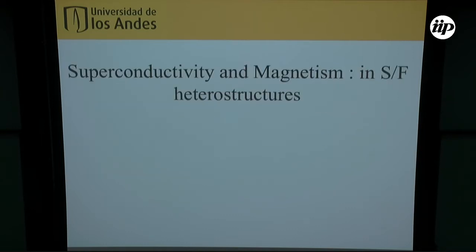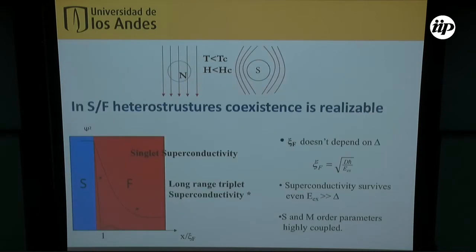I have not really discussed too much about the applications of this, but I will use a very nice introduction by Anna in terms of memory storage and superconducting spin devices. Anyways, what is the situation of superconductivity and magnetism in superconductor ferromagnet structures?